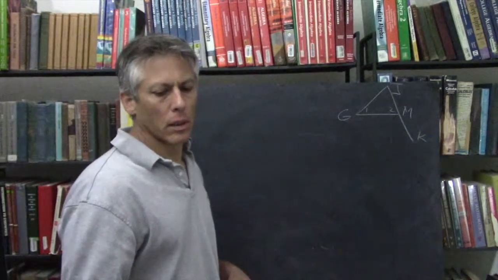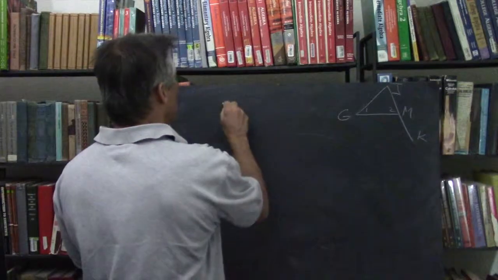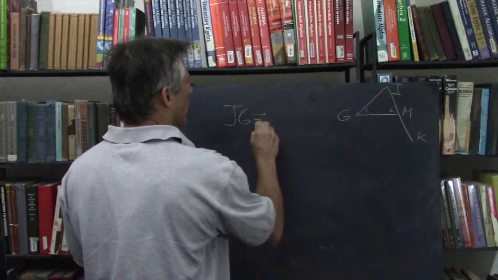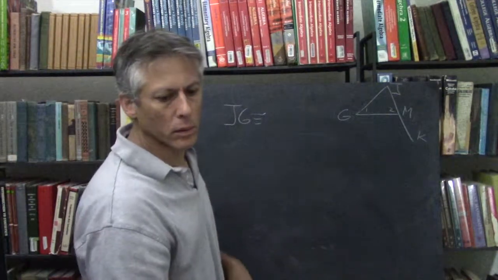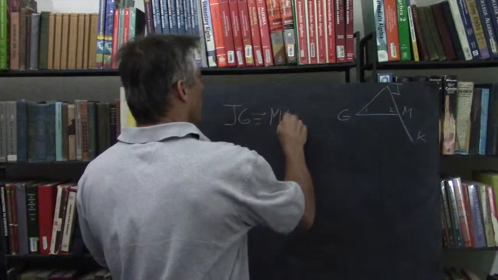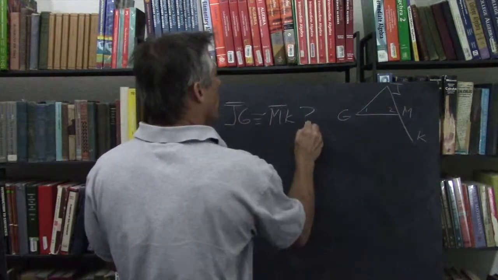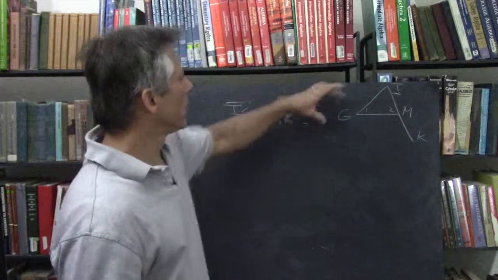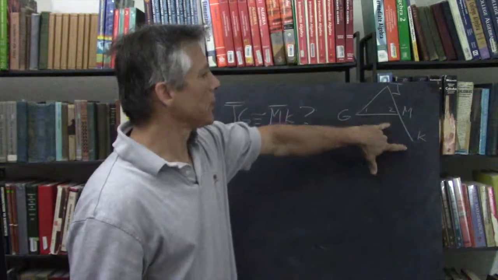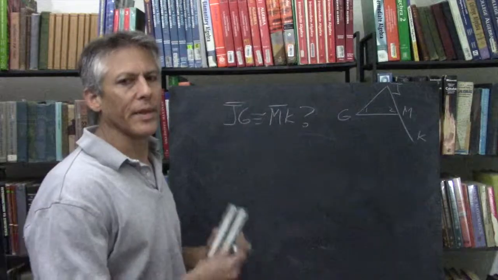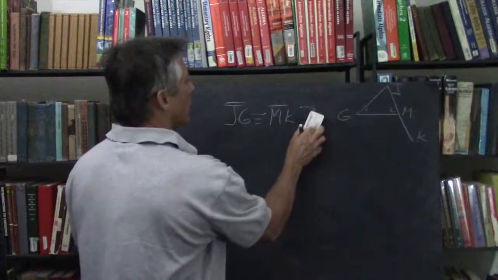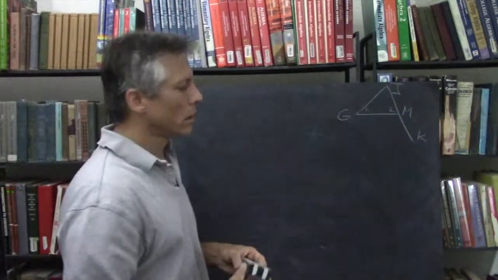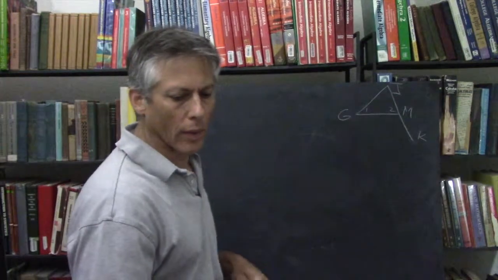And notice we want to see if JG is congruent to MK. That's what we're going to try to figure out. Is GJ the same as MK? That should be the end of our reasoning, the thing we conclude. So let's see what we have to start with.